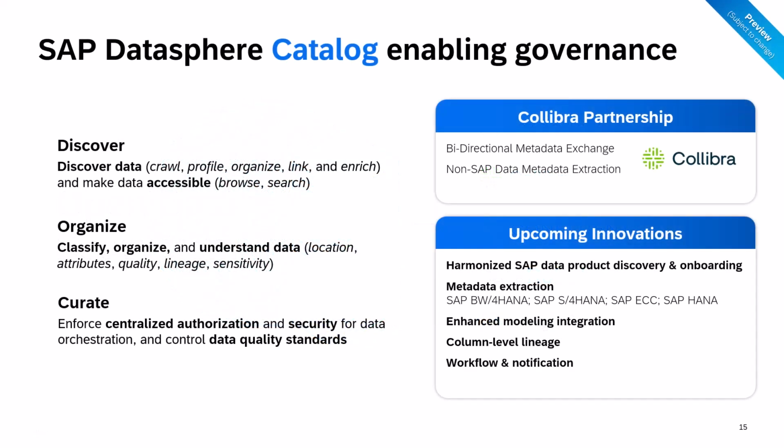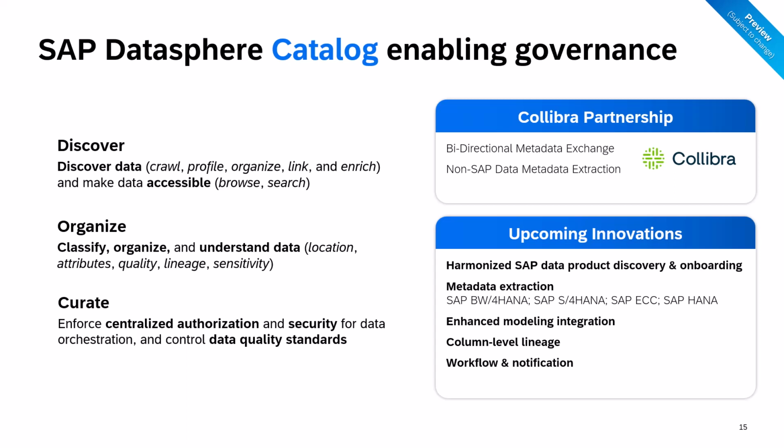So looking at Collibra, there is a bidirectional metadata exchange planned with Datasphere and the Datasphere catalog. The catalog in Datasphere really focuses on SAP source systems. Today we already support SAP Analytics Cloud and SAP Datasphere.